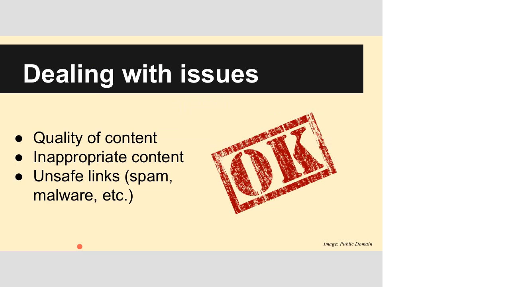So dealing with issues, what are some of the issues as we come into our last 10 minutes here? Quality of content. Let me talk just a little bit about that. I'll give you an example. I had one student who shared with me a website, a joke site, and they shared that with the rest of the students. I'm okay with that because they're adults.